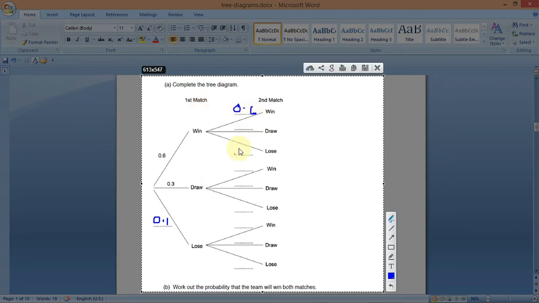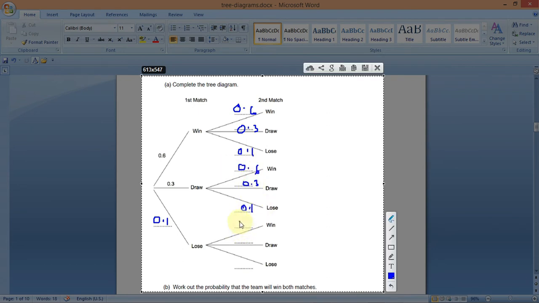And probability draw is 0.3 and probability lose also 0.1. So that when you sum this here, it gets 1. Then you start the iteration again, 0.6, 0.3, 0.1. So that the sum here also will be 1.